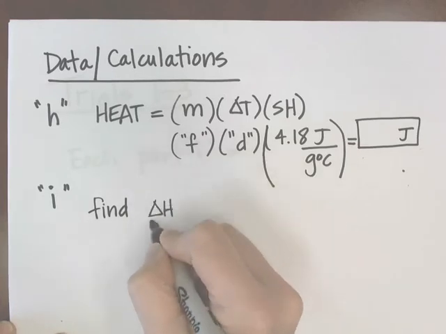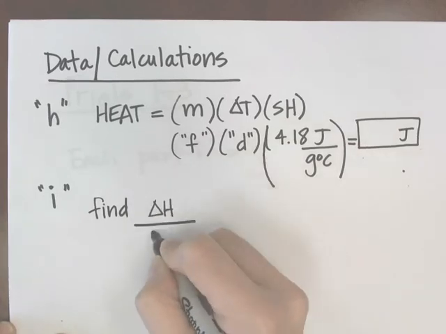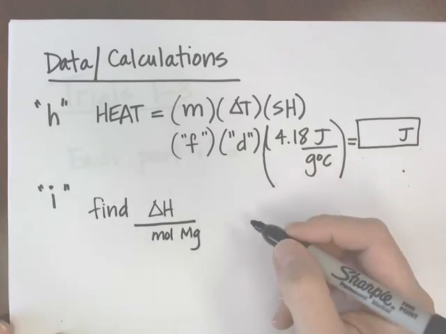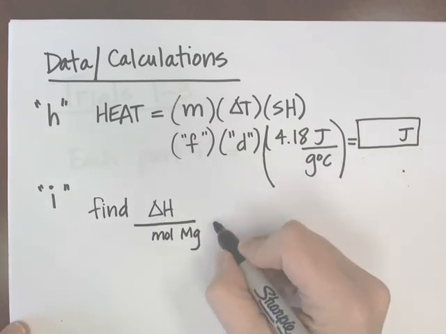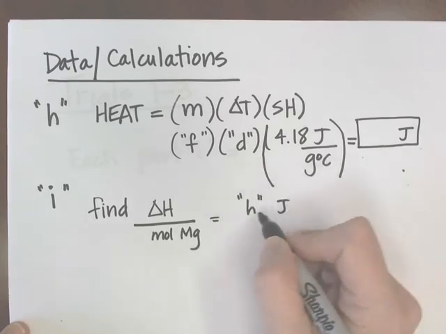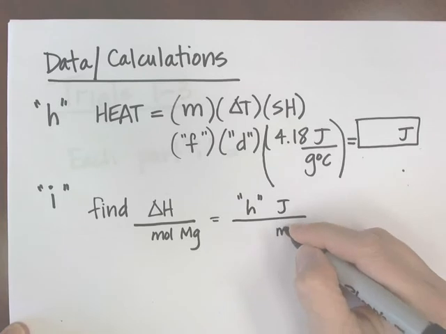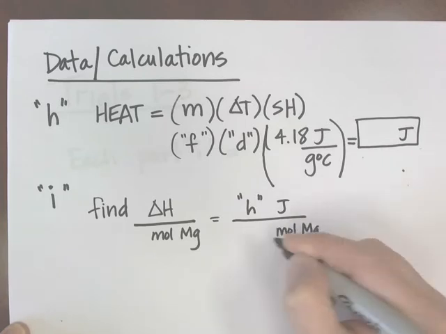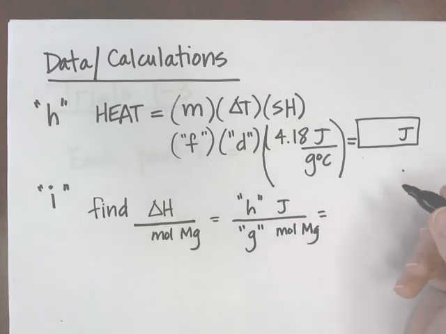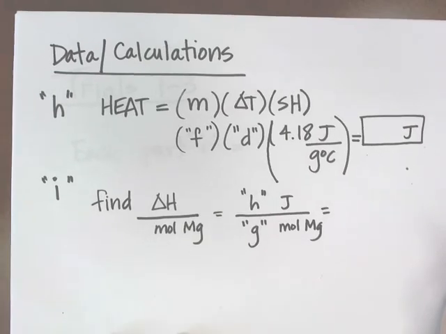When you get to part I, though, we're going to find the actual heat per mole of magnesium. So here you're going to take the value that you found in H, the joules, and divide them by moles of magnesium that you found in part G. What we're doing here is converting this to a value if you had done the reaction with an entire mole of magnesium.